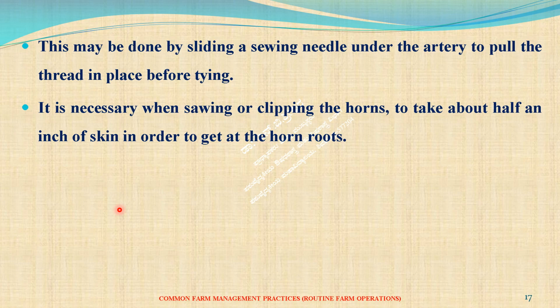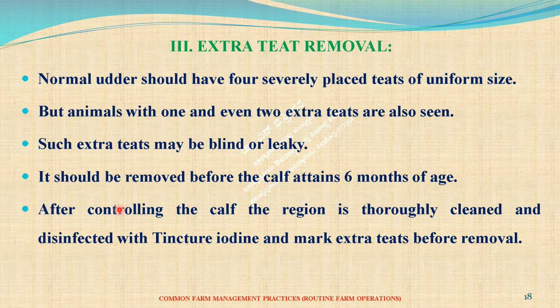It is very difficult to get apposition of the skin of the horns always, because sometimes the wound may not heal at all. Then extra teeth removal. Sometimes there are vestigial teeth, and at that time they need trimming, and these extra teeth need to be removed.